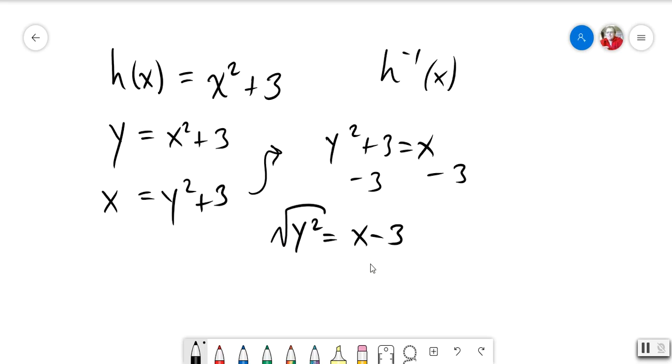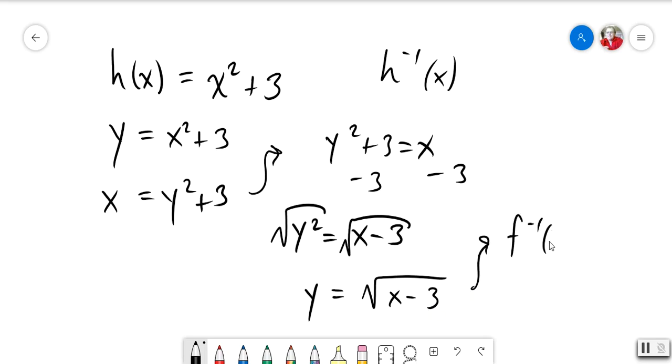This time, in order to undo the power, we use the equivalent root. Take the square root of everything, y equals the square root of x minus 3, and then you just replace that with inverse h equals the square root of x minus 3. So let's prove that that works.